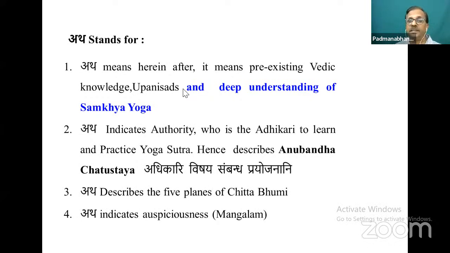So it means that the practitioner should have pre-existing Vedic knowledge. He should have a clear understanding of the Vedas and the Upanishads, and moreover, a deep understanding of Sankhya Yoga. As I told you, when we talk about Sankhya philosophy and Yoga Darshana, there is no substantial difference except one element, that is Ishvara.